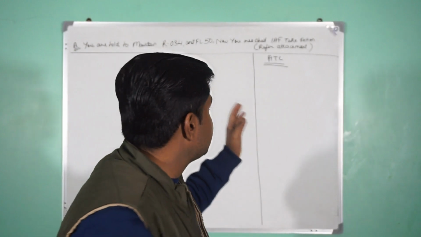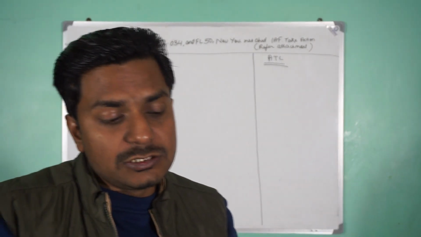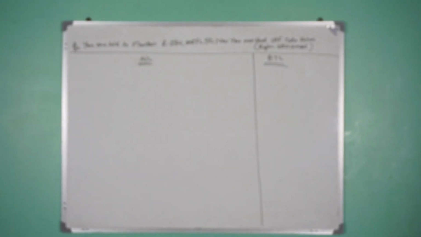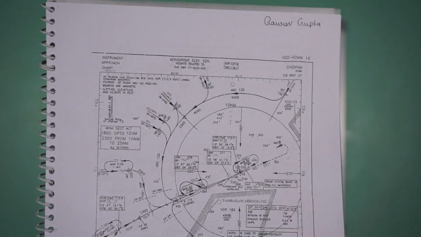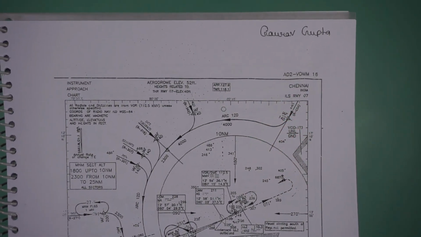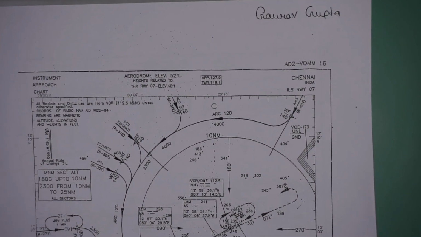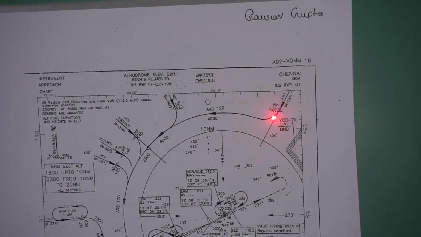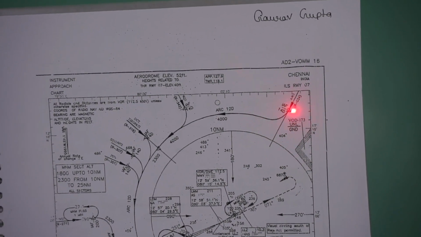So you can see 034 and flight level 50. This is the chart, and in this chart you can see here this is 034. 034 is the radial, and I am at flight level 50 and I reach the initial approach fix at this part.